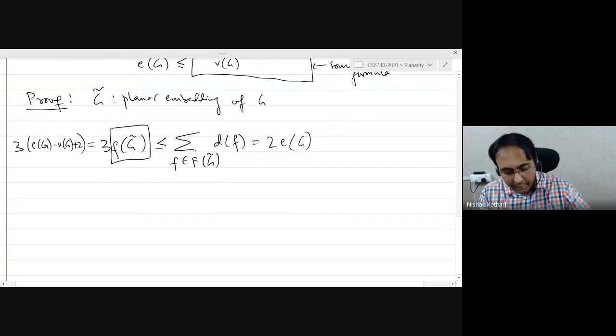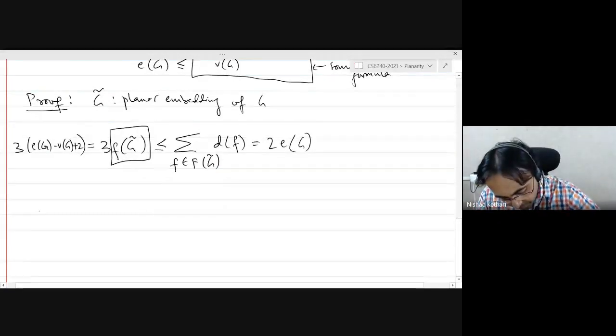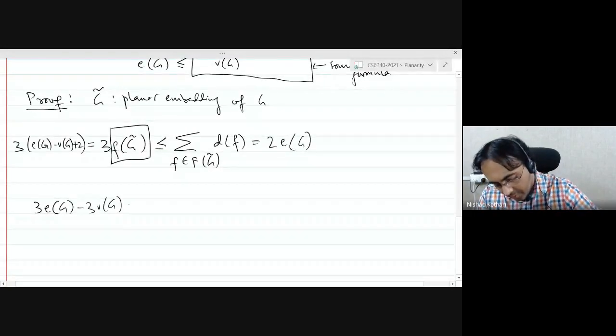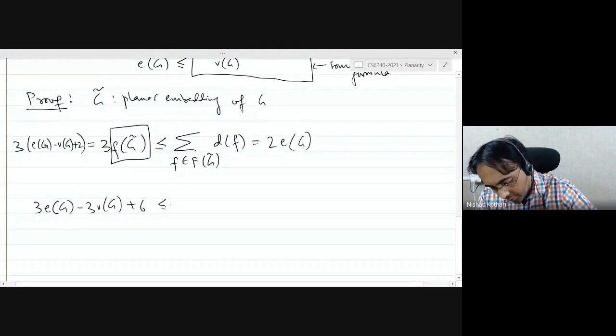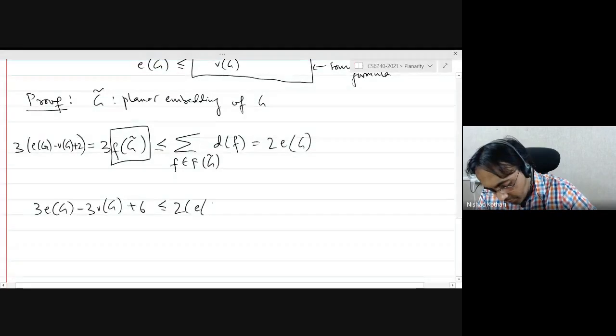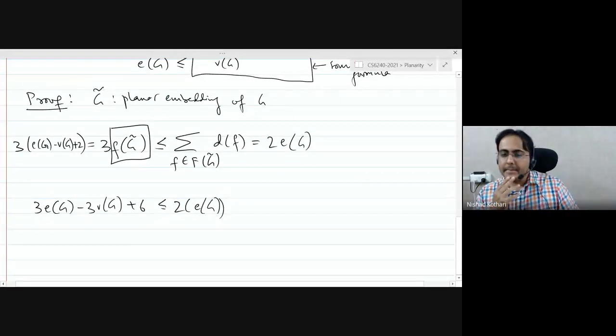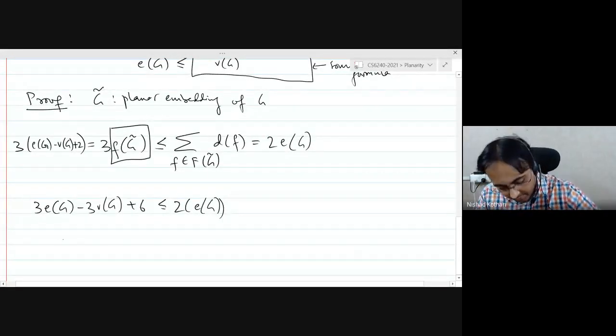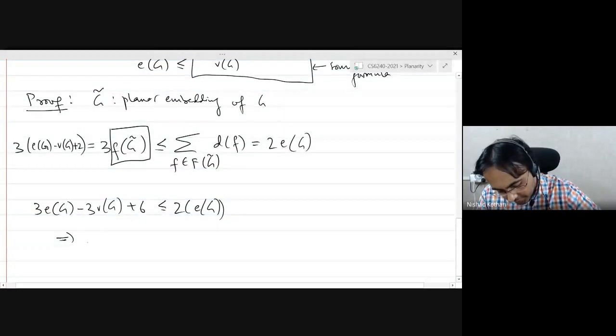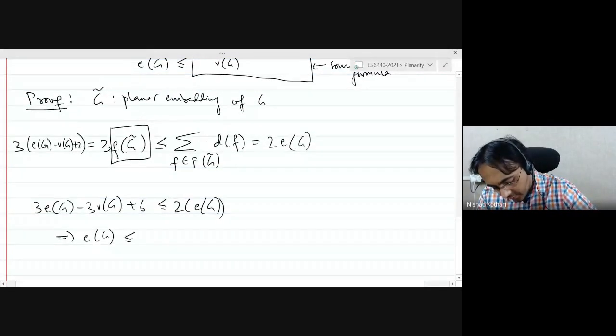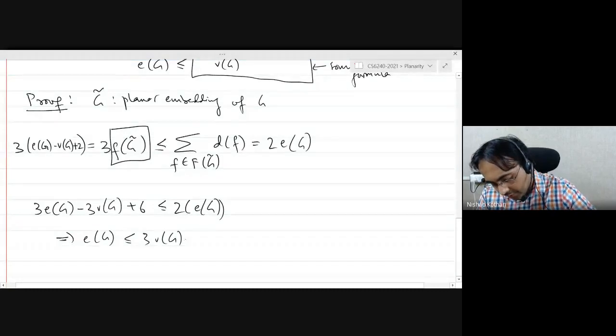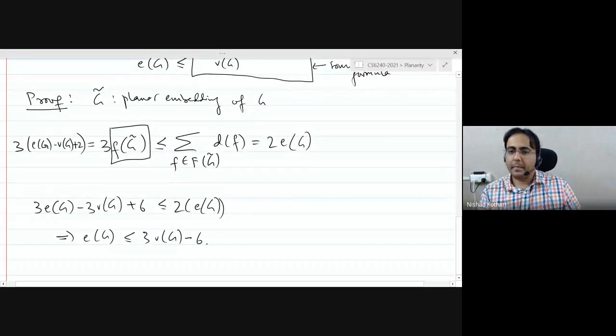Okay, and what does this give us? 3 times the number of edges minus 3 times the number of vertices plus 6 is less than or equal to 2 times the number of edges. And this gives you that the number of edges of the graph is less than or equal to 3 times the number of vertices of the graph minus 6.